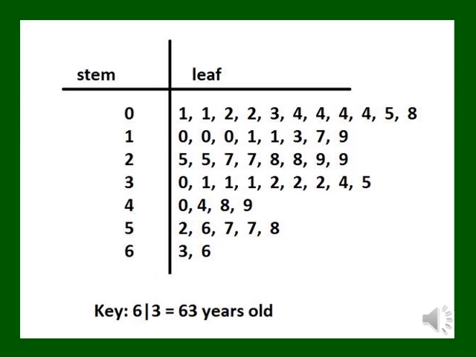For example, I might show you a stem and leaf plot like this and have you look at it for a minute and see if you can figure out what's the number that's the most common among the ages that are shown in the stem and leaf plot. What's the mode, the most common number?